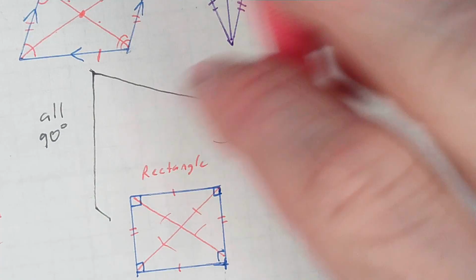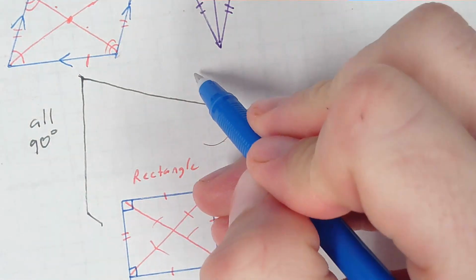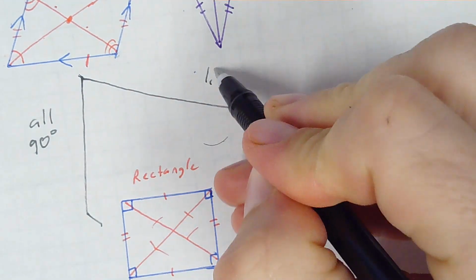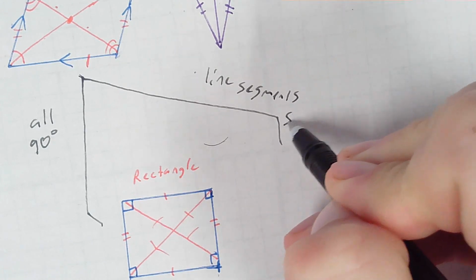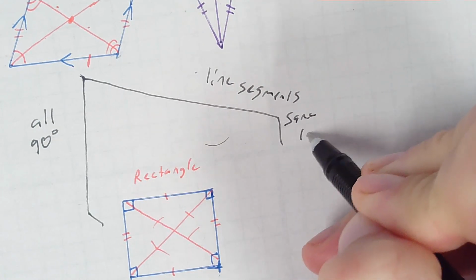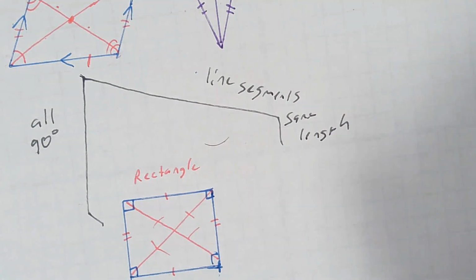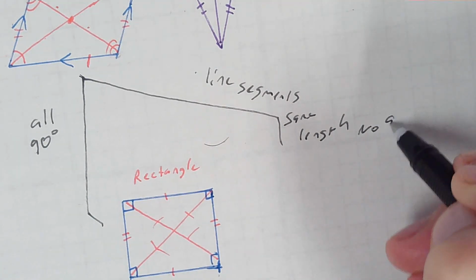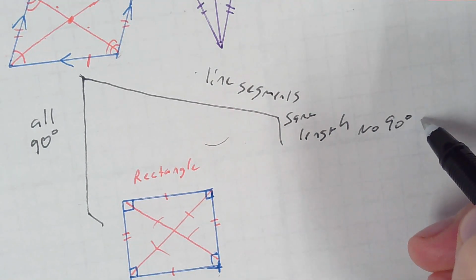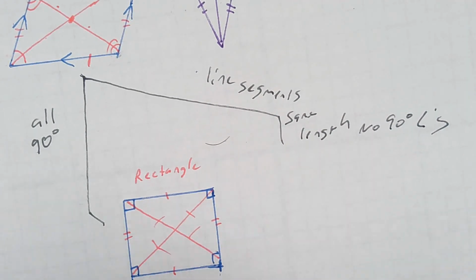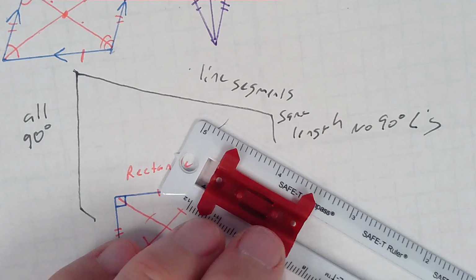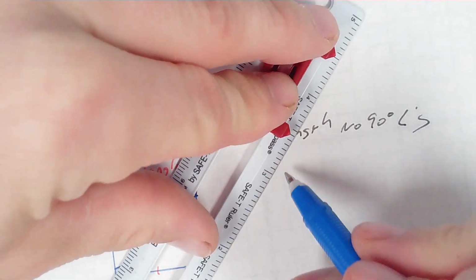If you have all of the line segments the same length, but no 90-degree angles, you have something like this.